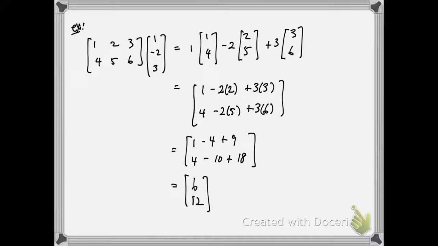Right? And so here I took a 2 by 3 matrix and I multiplied it by a 3 by 1 matrix. So notice the 3's match, and I end up with a 2 by 1 matrix, or a vector in R2.